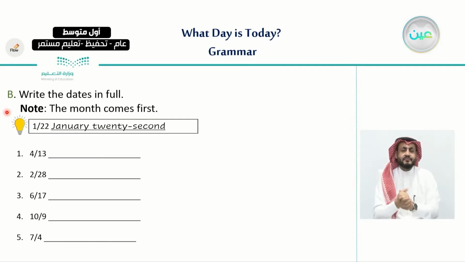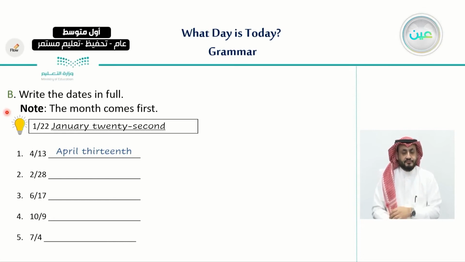What is the 4th month of the year? Very good. The 4th month of the year is April. And number 13, when we put it in an ordinal number, we would say April 13th.